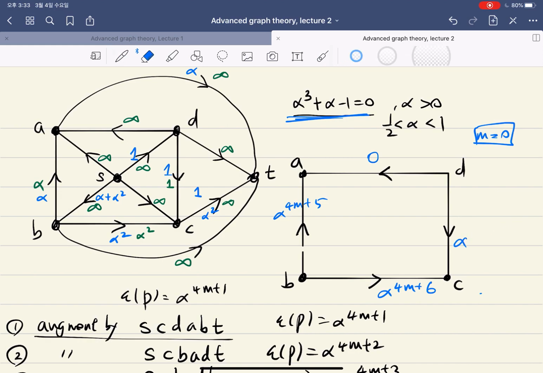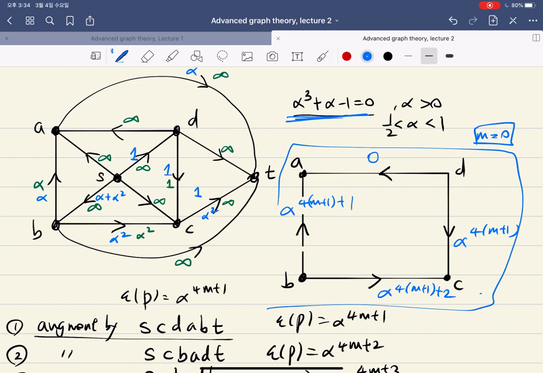Then this is the same as 4 times m plus 1. This is alpha to the 4 times m plus 1 plus 1. This is 4 times m plus 1 plus 2. So from the previous situation, everything is the same, but the m is replaced by m plus 1.